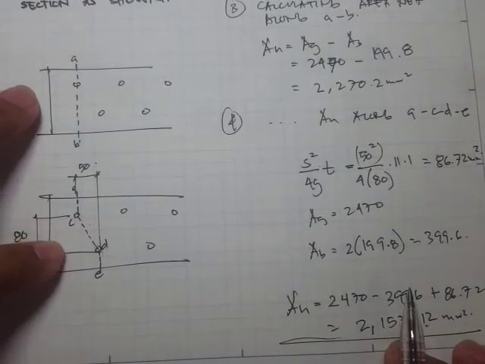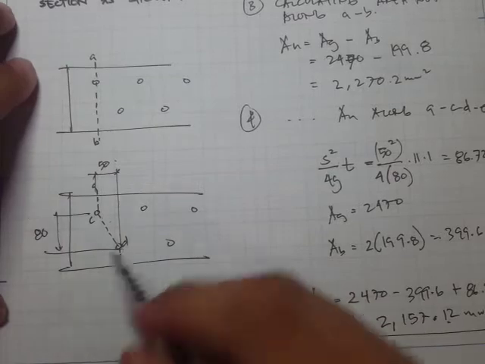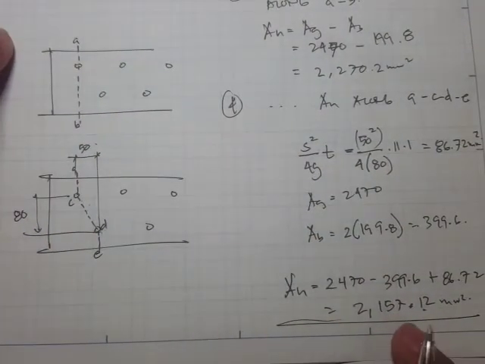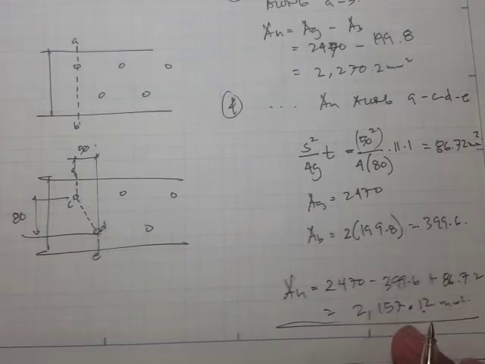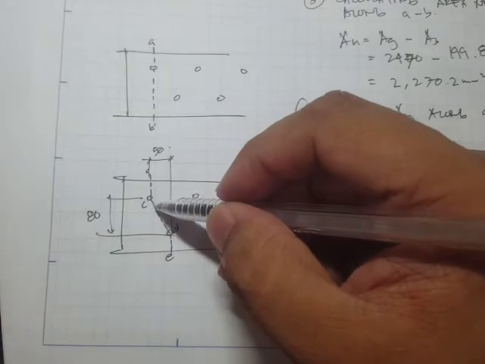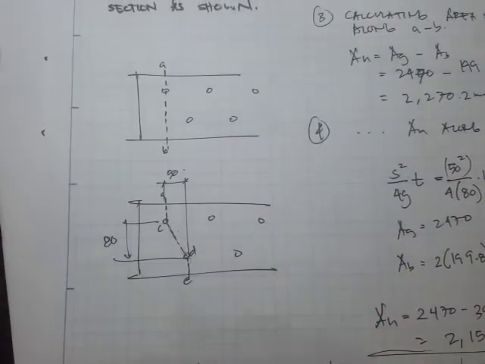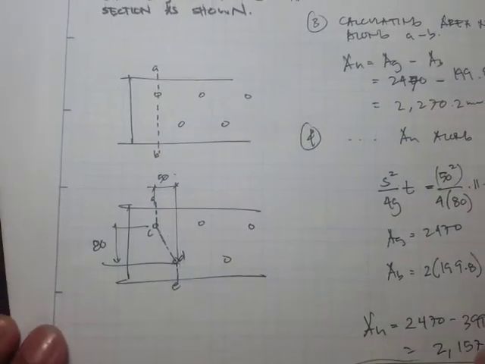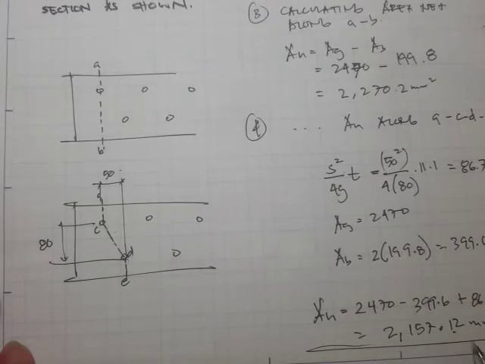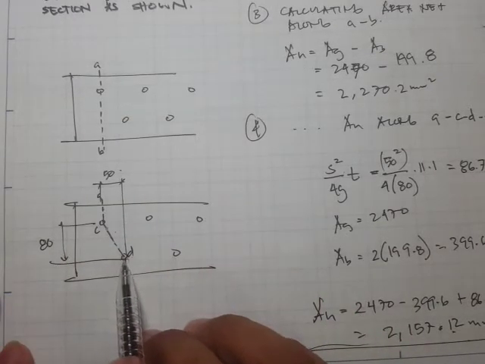But if we have problems where we're passing through the same number of bolts, then we're going to obtain a higher value of this net area because of the increase in strength due to this diagonal area. That's just the method for solving the net area when there are stagger configurations.